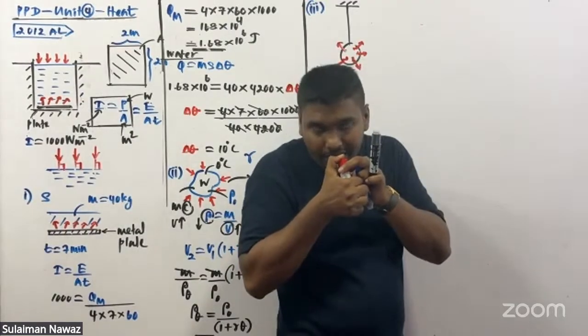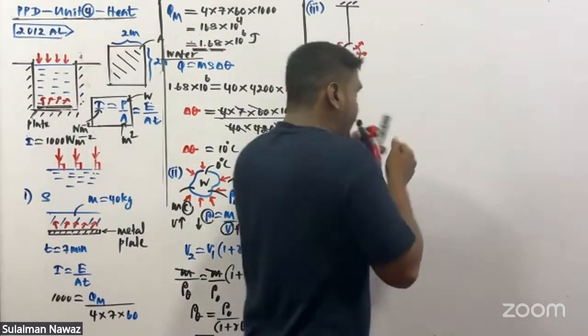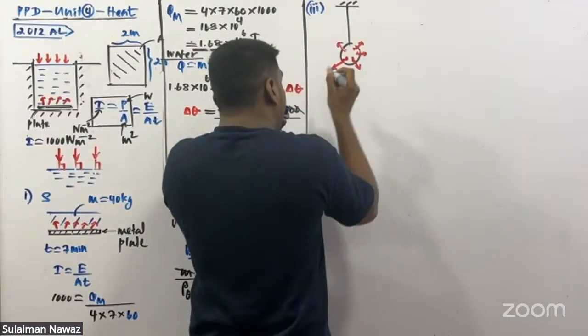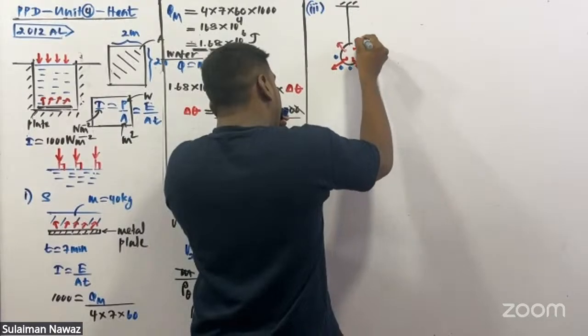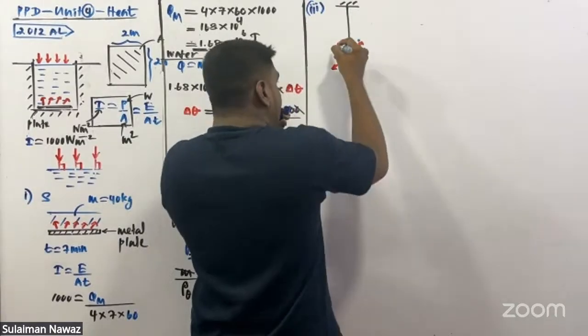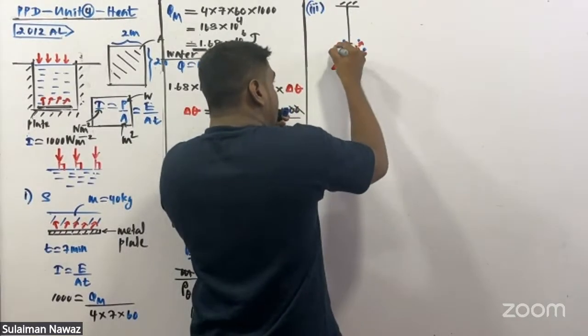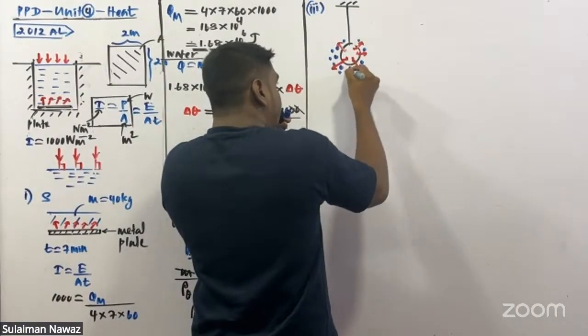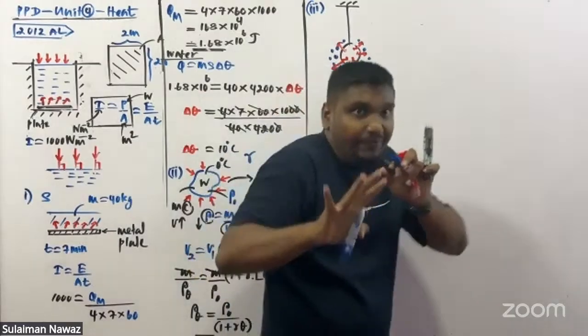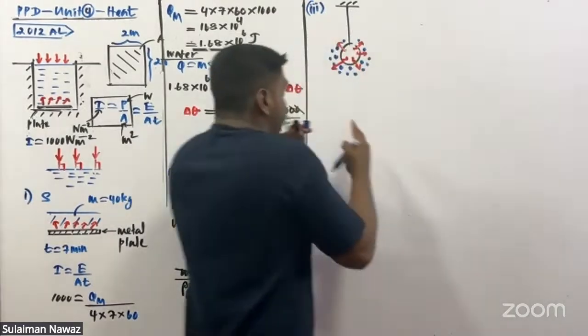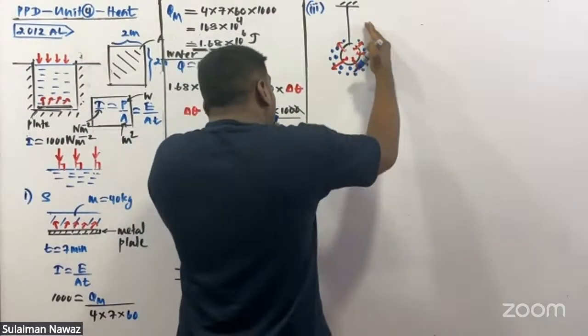The volume of those nearby air particles will increase. Then what will happen to the density of the nearby air particles? When the volume increases, the density decreases.